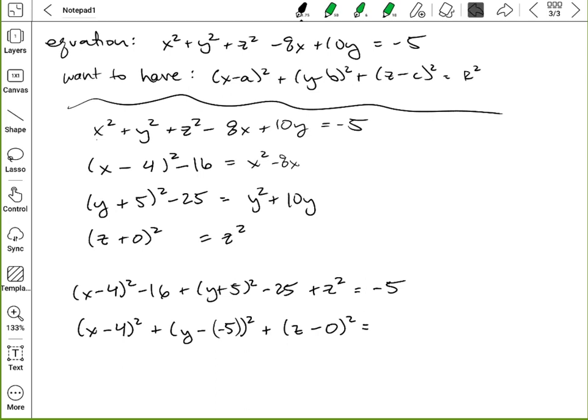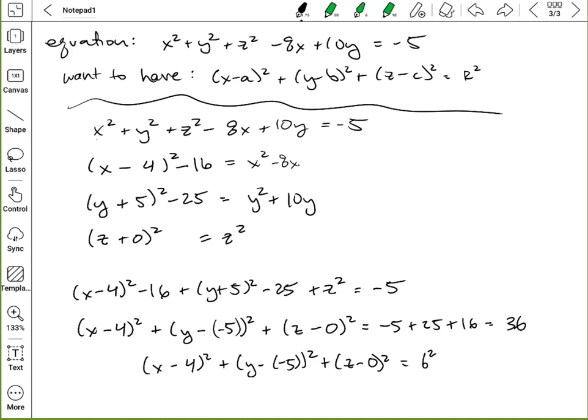That becomes minus 5 plus 25 plus 16. That's 36, which is 6 squared. So I've got x minus 4 squared plus y minus 5 squared plus z minus 0 squared is equal to 6 squared.